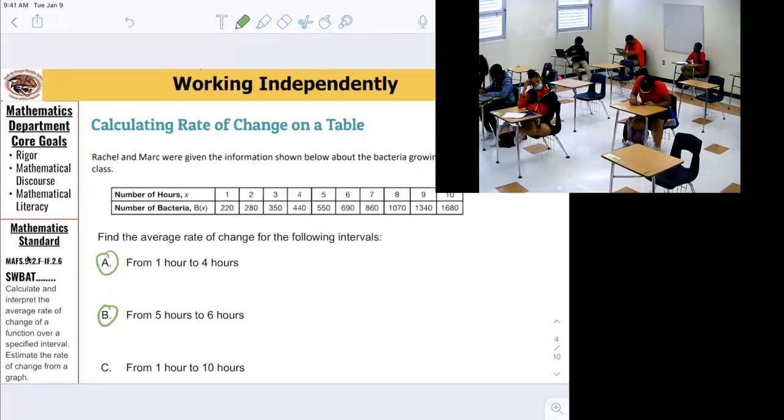Find the average rate of change for the following intervals. From 1 to 4, from 5 to 6. And if you're like, wow, this is super easy, you can try letter C as well.